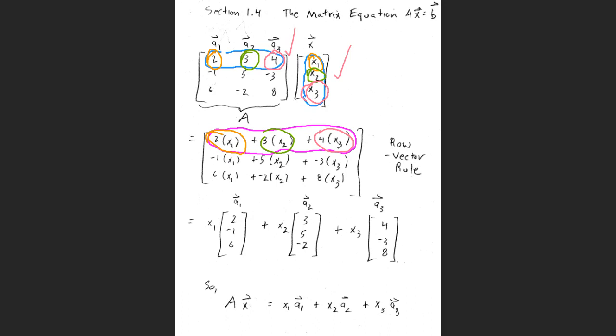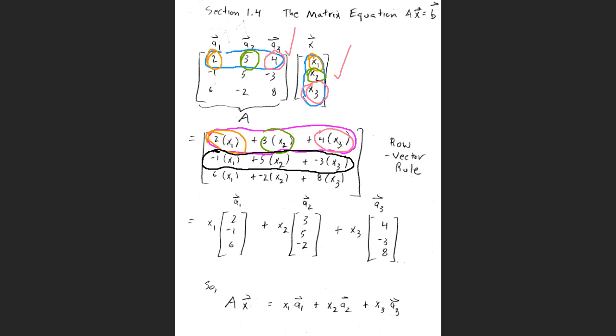If you notice the second expression here, -1 times x1 plus 5 times x2 plus -3 times x3.